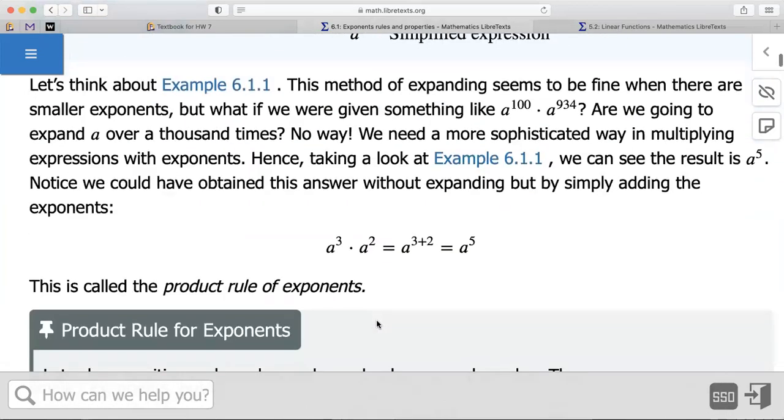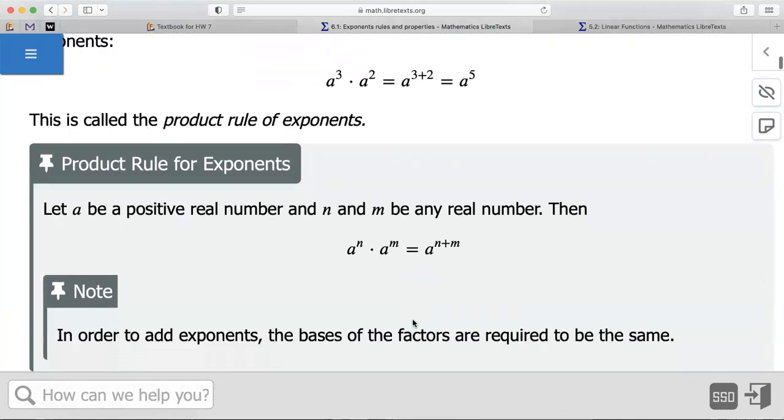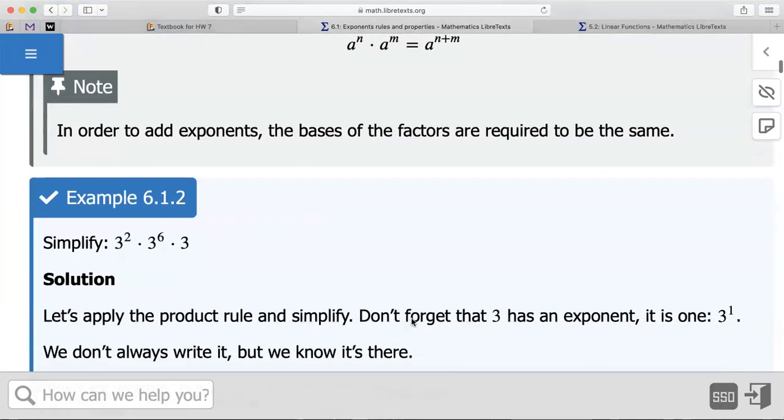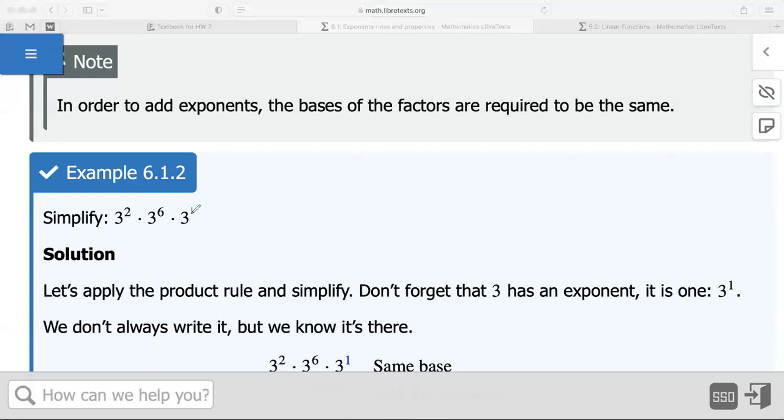They call that the product rule. If you have the same base, multiplied together, you add the exponents together, and you have the answer right there. For this one over here, we have 3 to the second, 3 to the sixth, and 3 with an invisible 1 right there. So this one has the power 1.